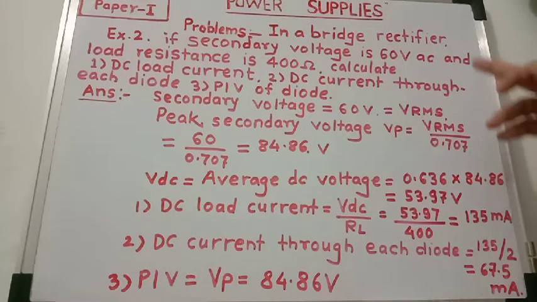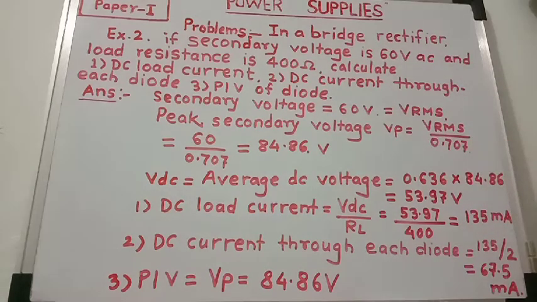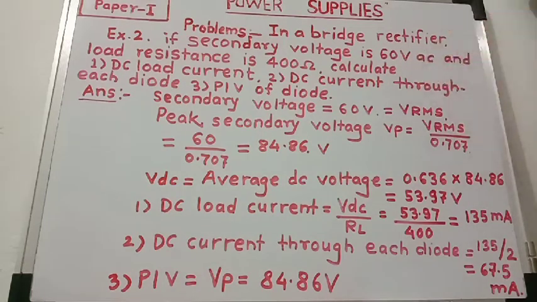That is 60 divided by 0.707, or 60 into 1.414, or 60 into root 2, where root 2 is equal to 1.414.